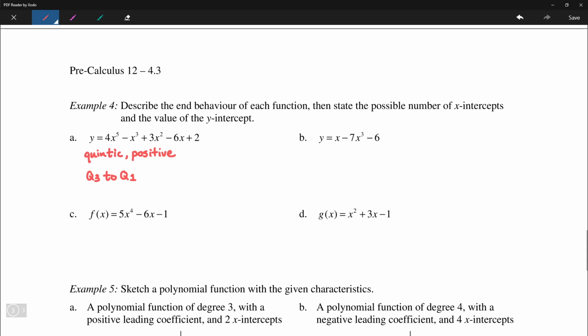Then it asks for the possible number of x-intercepts, so it's up to the degree. So it's up to 5. And it has at least 1, because the range has to be y as an element of the real numbers, so it has to cross the x-axis at least once. It also asks for the value of the y-intercept. It's going to be +2.